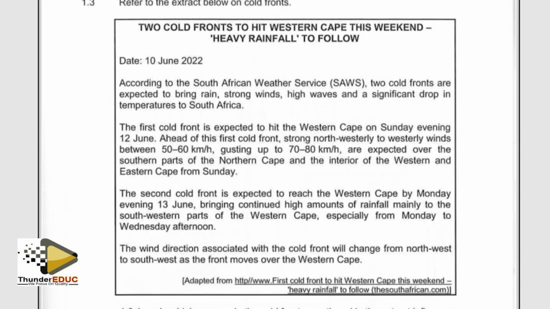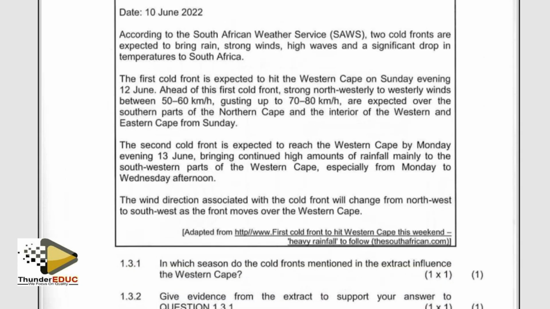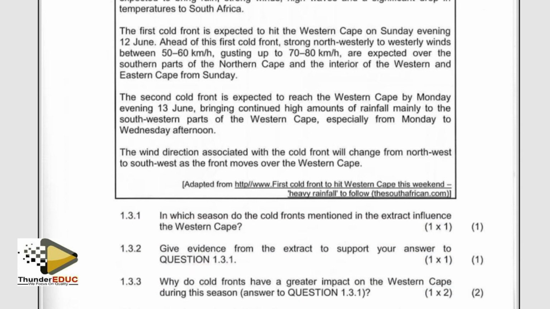Ahead of the first cold front, strong northwesterly to westerly winds between 10 to 60 kilometers per hour, gusting up to 70 to 80 kilometers per hour, are expected over the southern part of the Northern Cape and the interior of Western and Eastern Cape from Sunday. The second cold front is expected to reach Western Cape by Monday evening, which is the 13th. You can see from 10th to the 13th. Bringing a continually high amount of rainfall, etc.